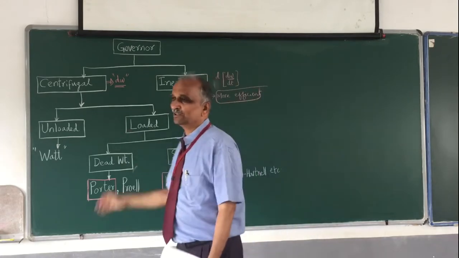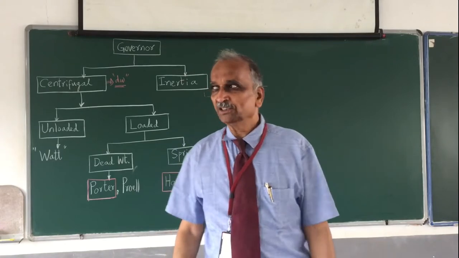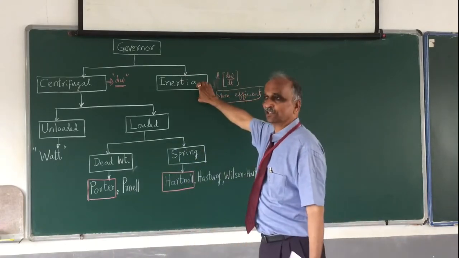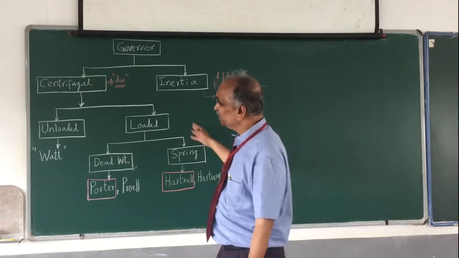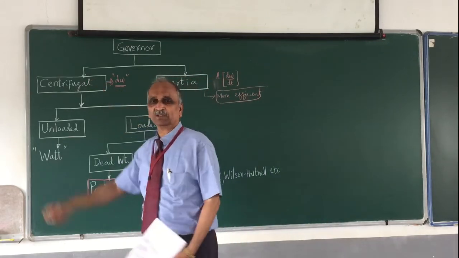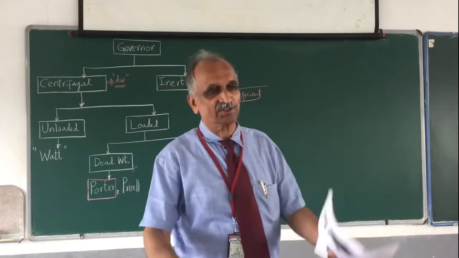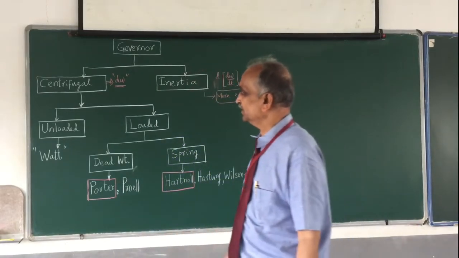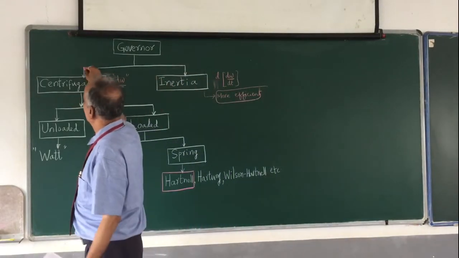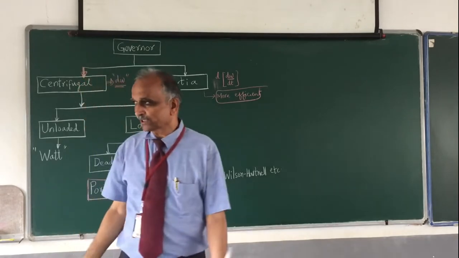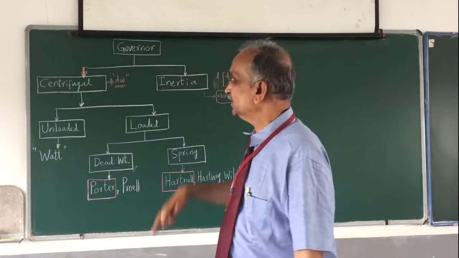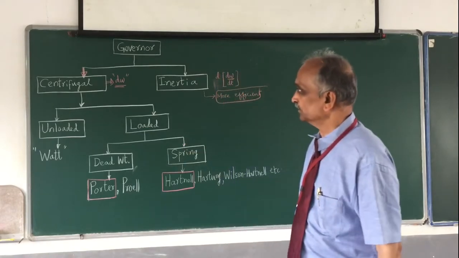But still these governors are not popular because it is not easy to construct an inertia governor. On the other hand, it is very easy to construct centrifugal governors. Because of this reason, this branch is more popular, more common and more realistic, and therefore we concentrate only on the centrifugal governor.